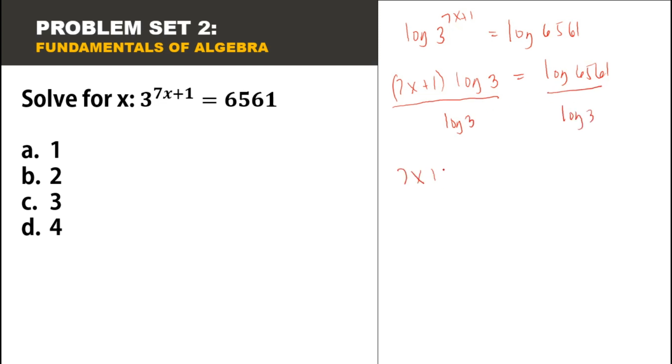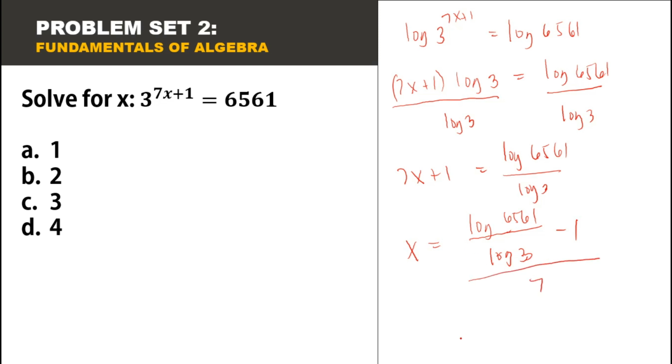So 7x plus 1 equals the logarithm of 6561 over the logarithm of 3. Subtract 1 from both sides, then divide by 7 to extract x.